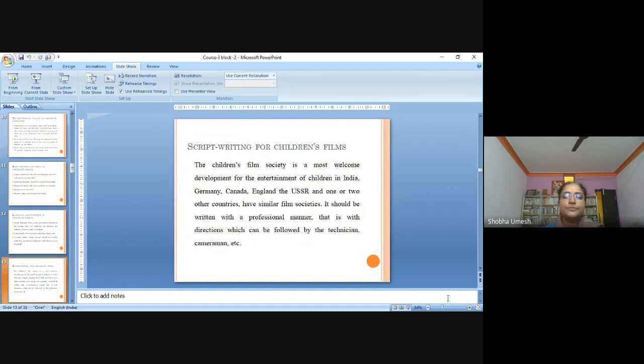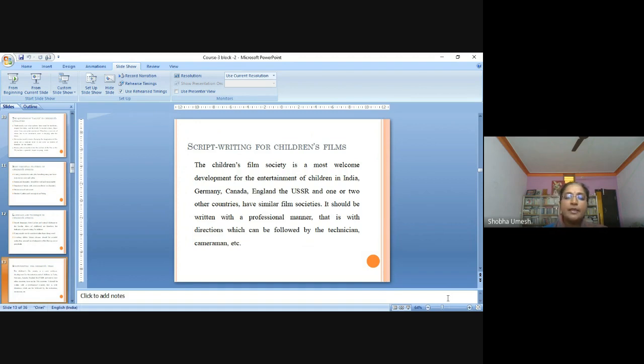And also, when it comes to script writing for children's films, there are children's film societies which welcome the development of entertainment for children in India, Germany, Canada, England, the USSR, and some other countries where they have similar film societies.